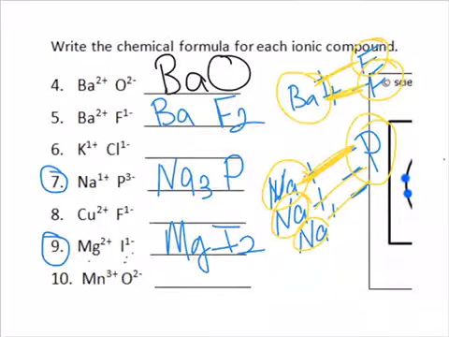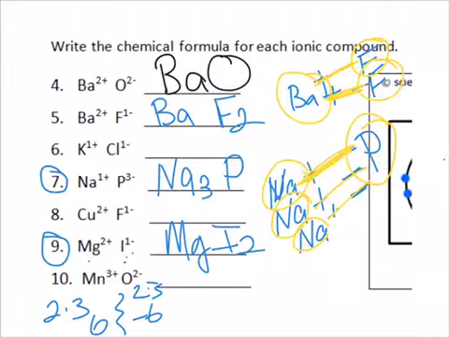But if you take 2 times a positive 3, 2 times 3 is 6. And then you take 3 times the negative 2. 3 times negative 2 gives you a negative 6.